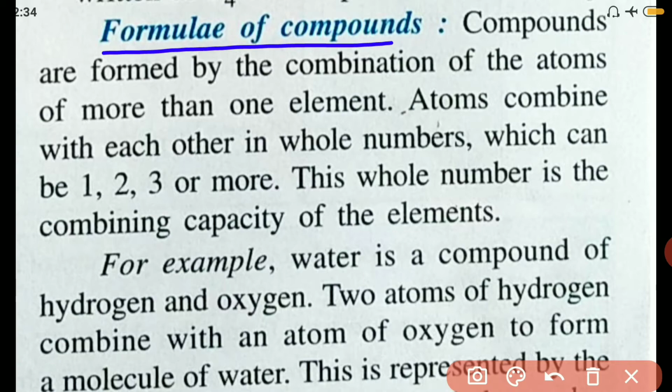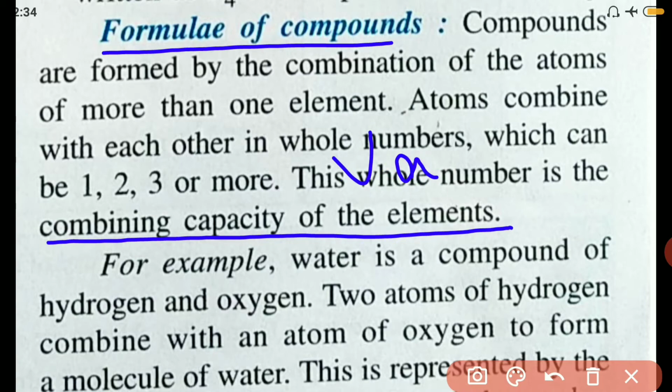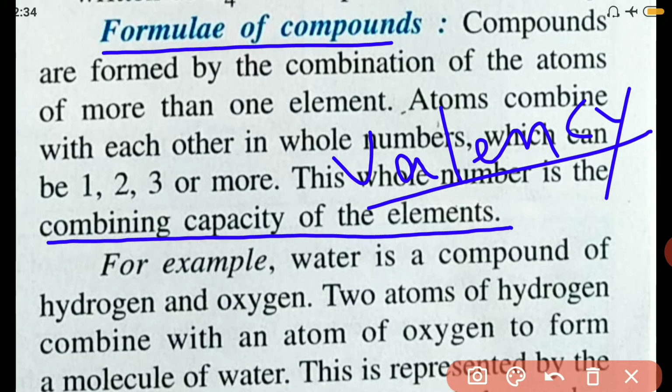Atoms combine with each other in whole numbers, which can be 1, 2, 3 or more. This whole number is the combining capacity of the elements. This combining capacity of the elements, afterwards you will know, is termed valency. Right? You will study valency in class 7.